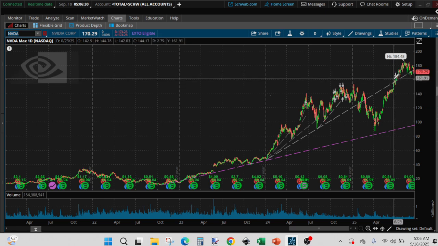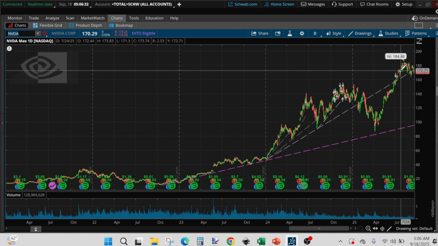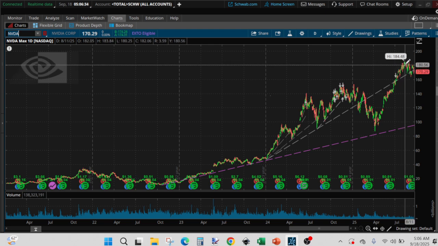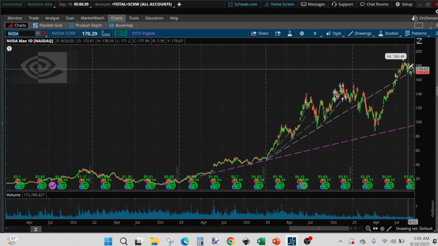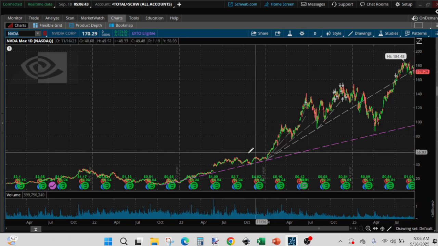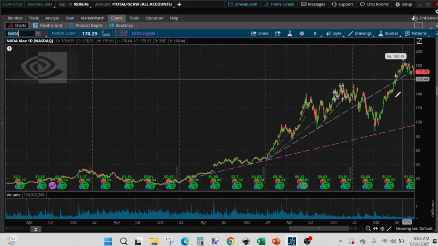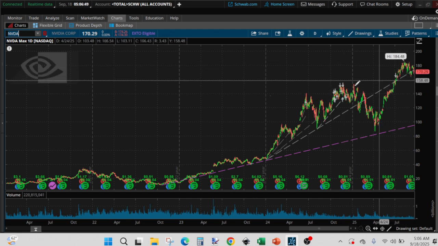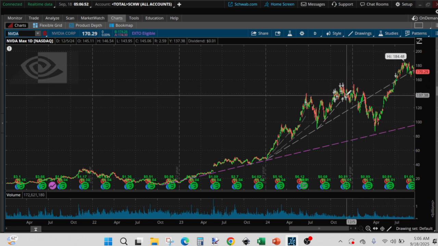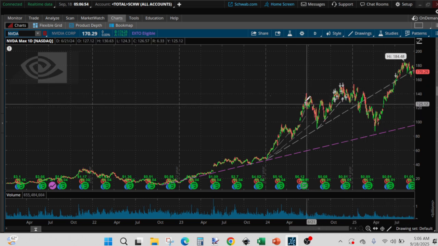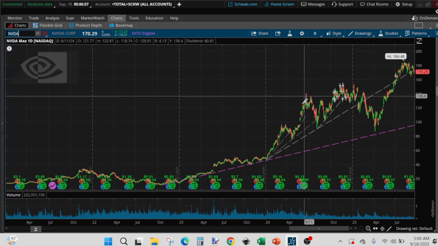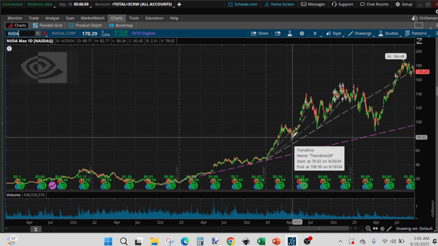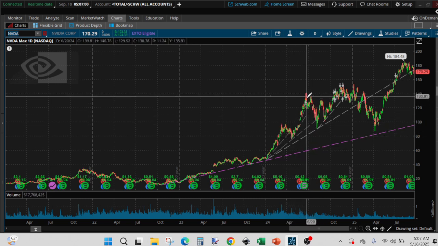But you can see that after we sold it, it continued to make new highs, and then from there it pulled back and started going up again. So yeah, we didn't make a lot of profits, but we made some. We got trapped in it for a while because we bought it at a higher price, and I do know that when it reaches a new high, it'll pull back, it'll make a new high, it'll pull back.